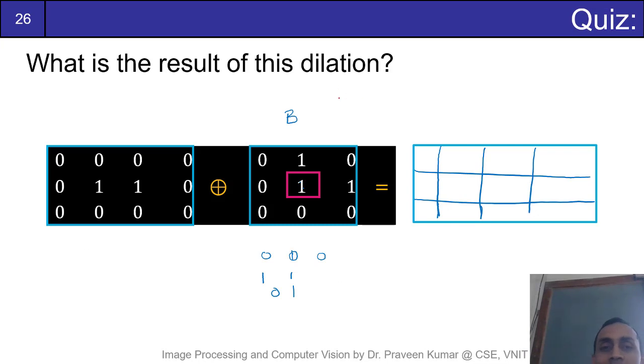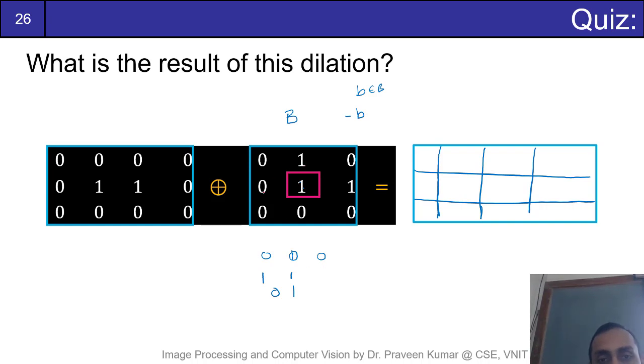Now use the set notation. If you take an element from set B, then you have to take the minus of B. So minus of B means x will become minus x, y will become minus y. So the x and y components will become minus 1. So the first quadrant will go to the third quadrant, the second quadrant will go to the fourth, the fourth will go to the second, and so on. So the result will be like this.